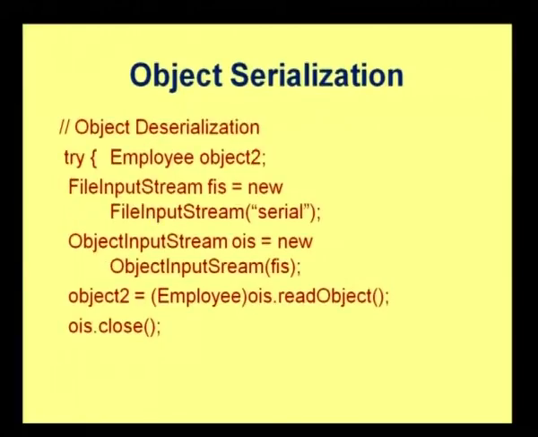So next is your deserialization. Once I store that, I am trying to retrieve the contents back. This is your file input stream, then your object input stream, then your object. Here you can notice that with your object input stream, I am reading the object and typecasting it to Employee. So this object stream could be used only when you know what type of object is stored.